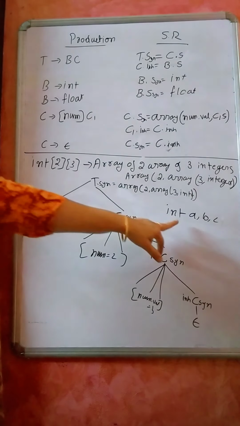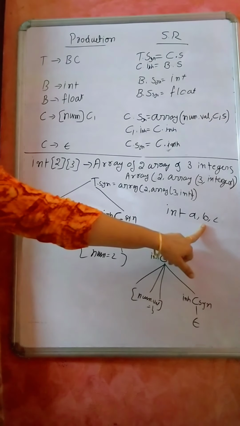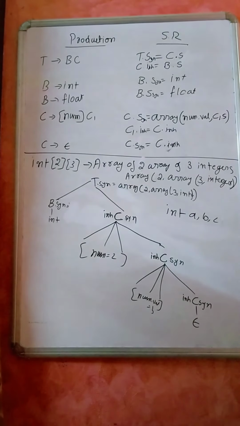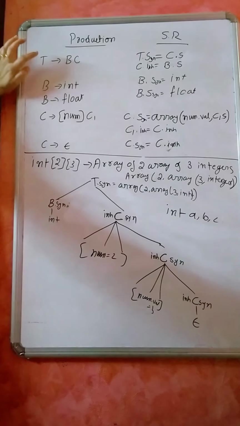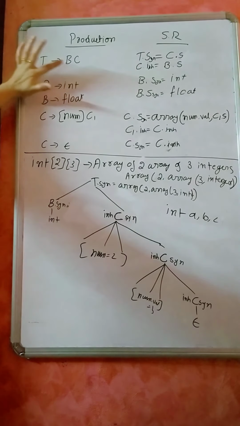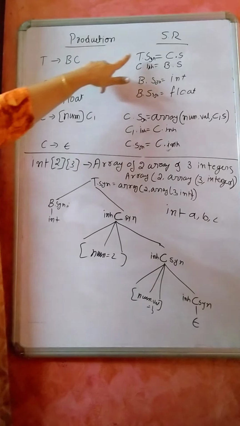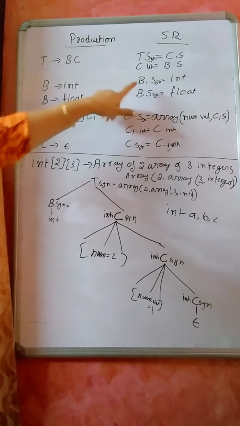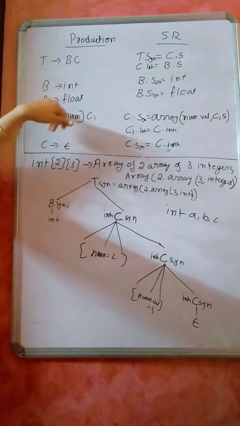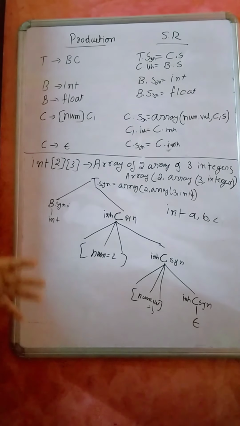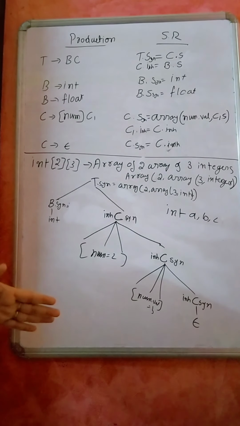Based on the concept I have explained for this grammar, using the same concept only we have written it here. So here T and B are the non-terminals which have only the synthesized attribute. That is T dot synthesis, and B dot synthesis is equal to integer or float. Synthesized attributes are the attributes which depend only on the values of the child nodes.